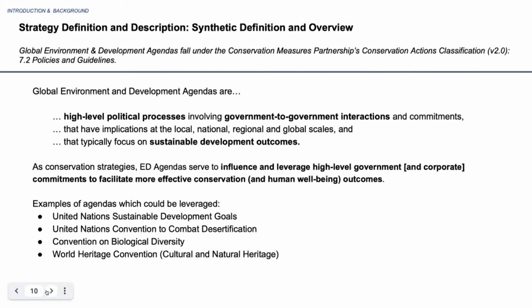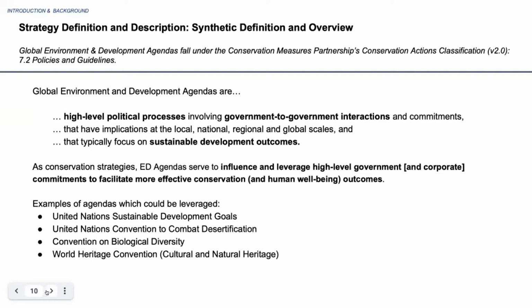For us, the middle line here came as close as we could come to a definition, which is that as conservation strategies, these agendas serve to influence and leverage high-level government and corporate commitments to facilitate more effective conservation and human well-being outcomes.